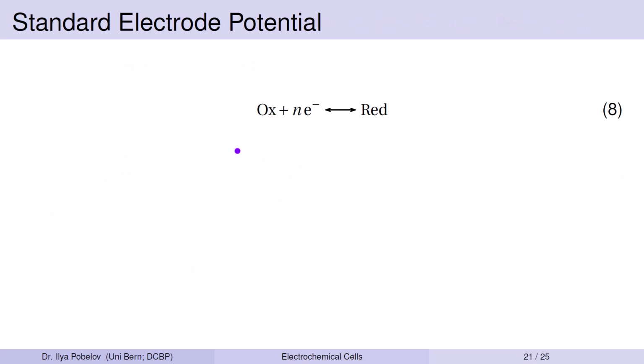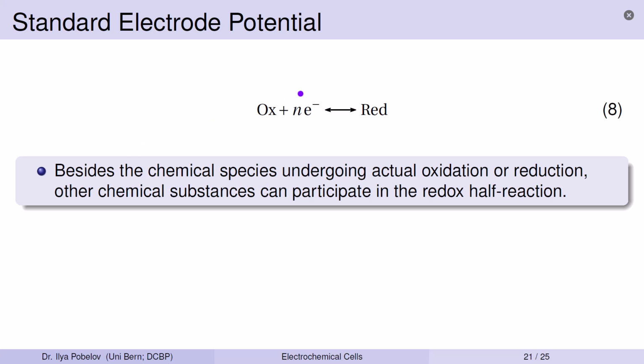Let us consider a half cell containing a half reaction represented as oxidized species plus n electrons in equilibrium with reduced species. Besides the chemical species undergoing actual oxidation or reduction, other chemical substances can participate in the redox half reaction.